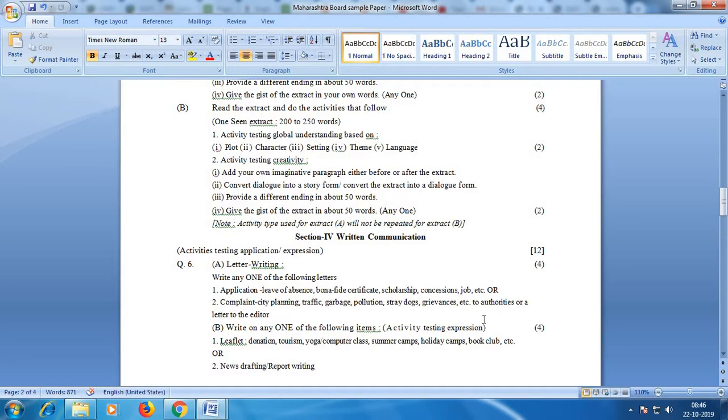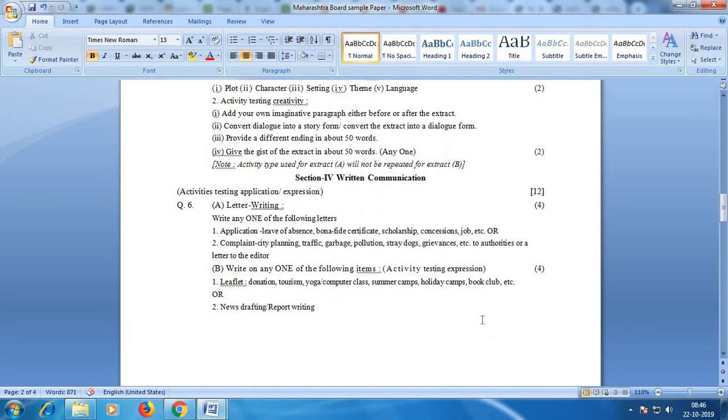Any such problem can be there. So a letter to the authorities or a letter to the editor. So these can be there. This letter will be of 4 marks, you can see.